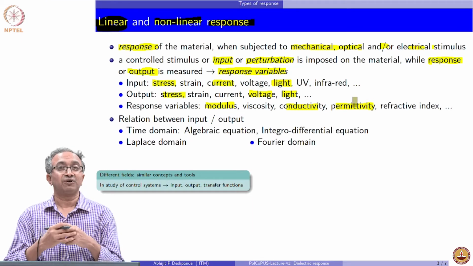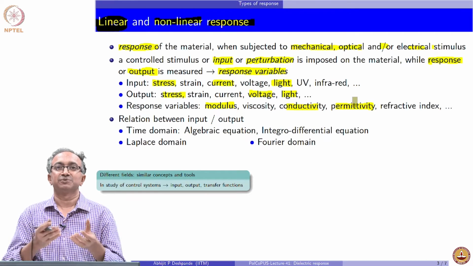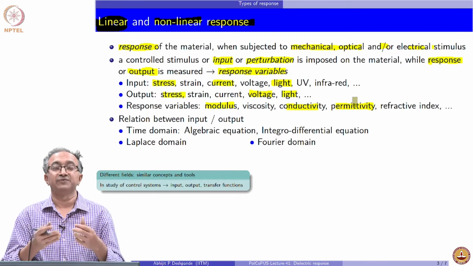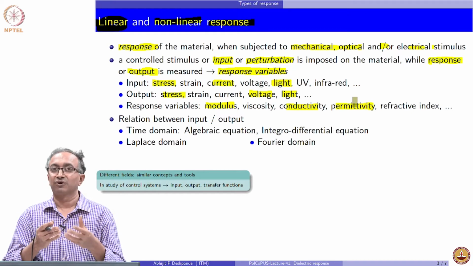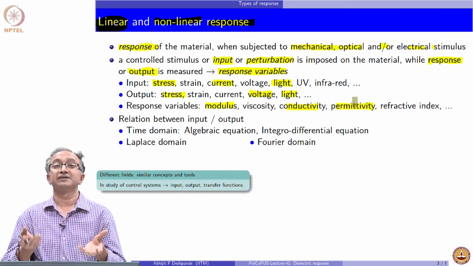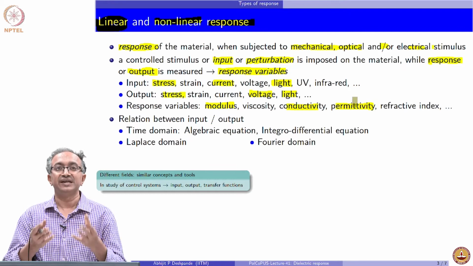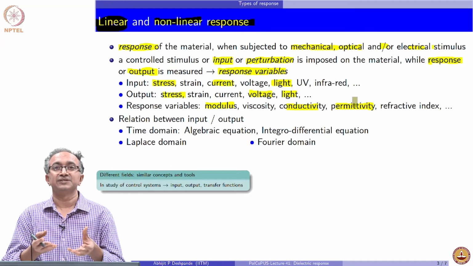It is not going to be a constant anymore, because in case of Hookean elasticity, stress is proportional to strain and proportionality constant is modulus. But if for a viscoelastic material, stress depends not on strain alone, but other rates of stress change or rate of strain change, then clearly if we try to express stress proportional to strain, we will get a modulus which is going to be a complex quantity.